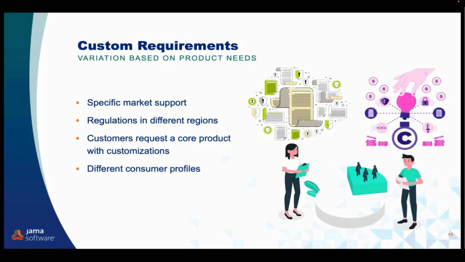Could also be that your customers are requesting your core product, but they want some customization to that core product. It could also be that you have different consumer profiles that you're trying to match that product with. Or it could be just an evolution from a previous year's model that's still in production.